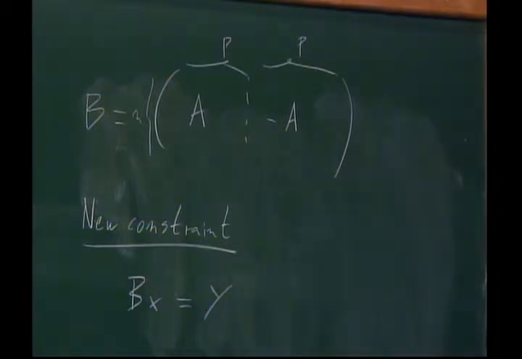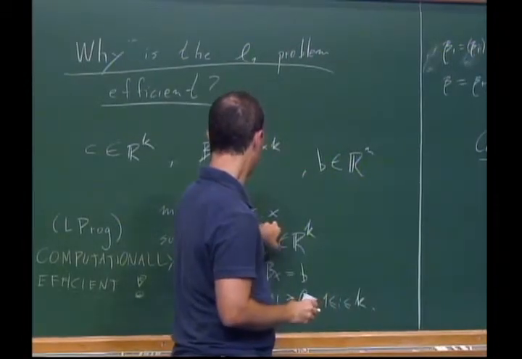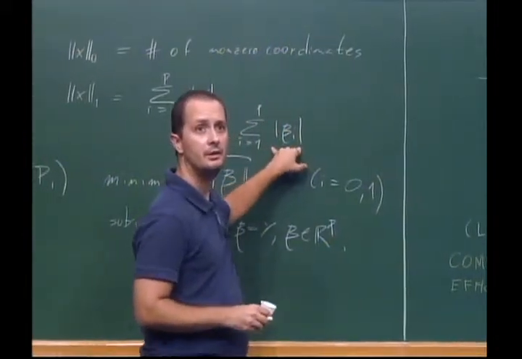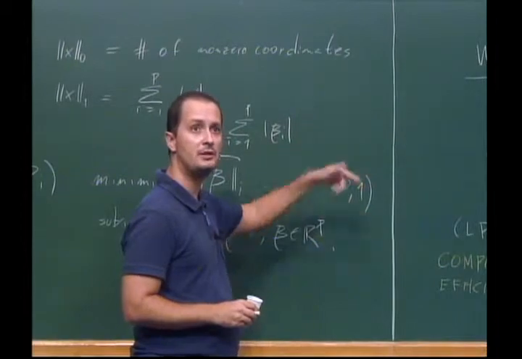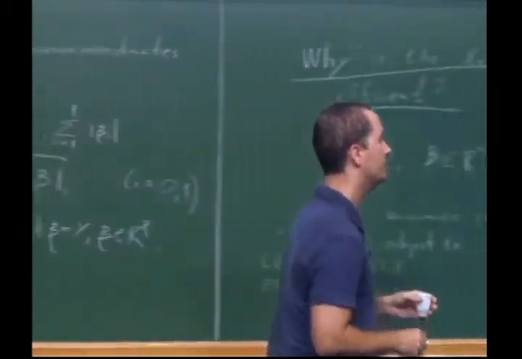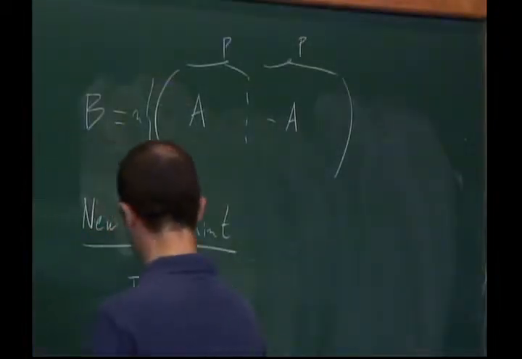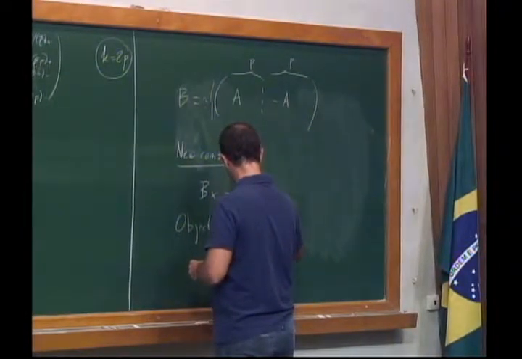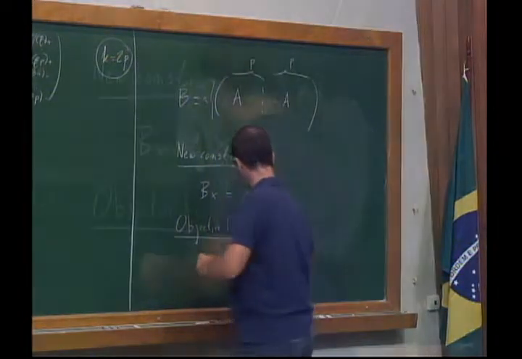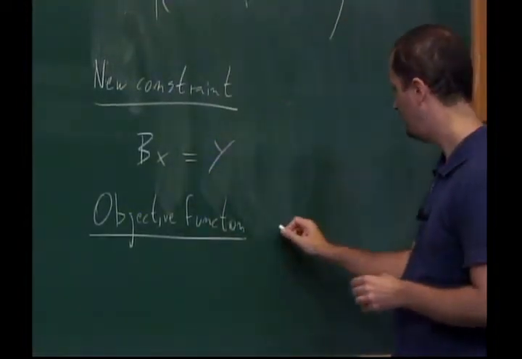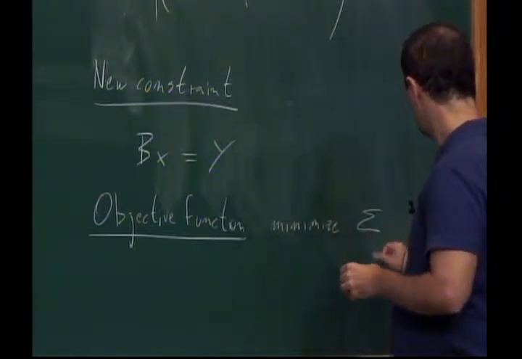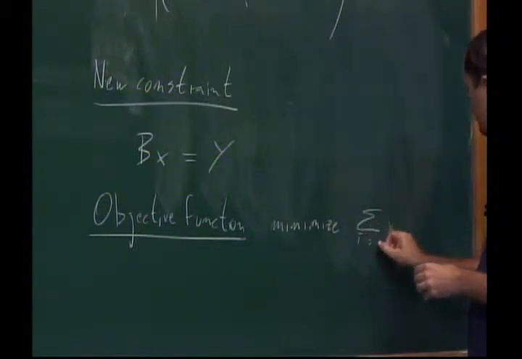And what is the objective function, right? What are you trying to optimize? Well, the L1 norm is the sum of absolute values, right? The absolute value is the sum of the positive part and the negative part. So the objective function is just, well, you're trying to minimize the sum of the coordinates of x.